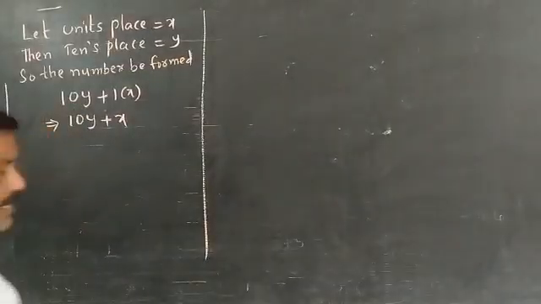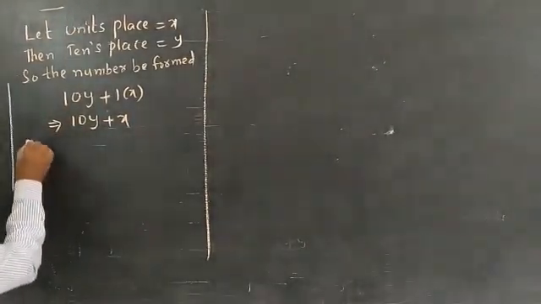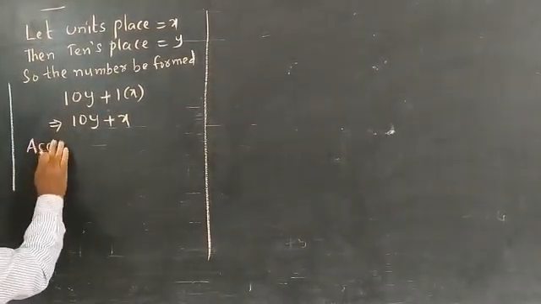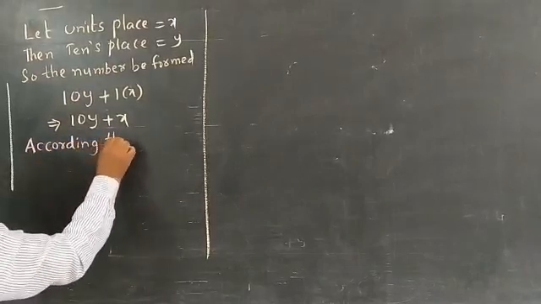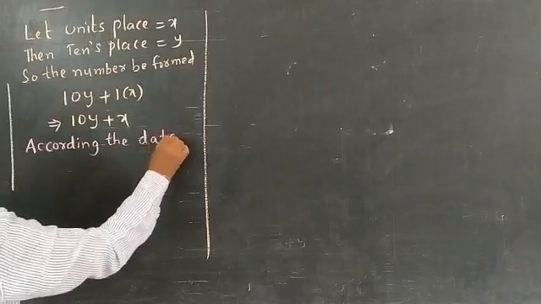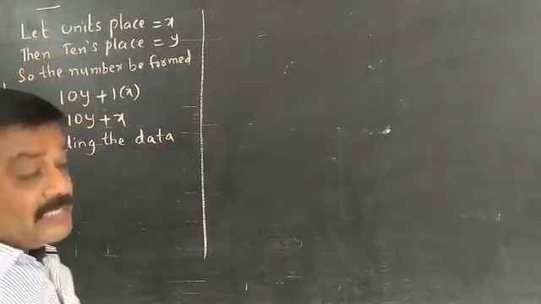Next, according to the given condition, the sum of the two-digit number and the number obtained by interchanging the digits, that is reversing the digits, is 66.